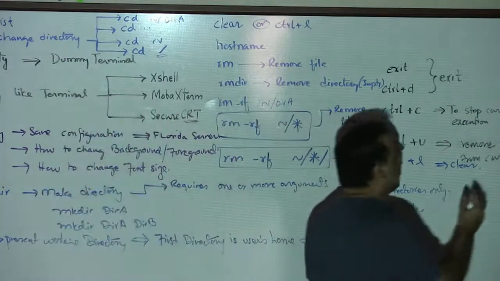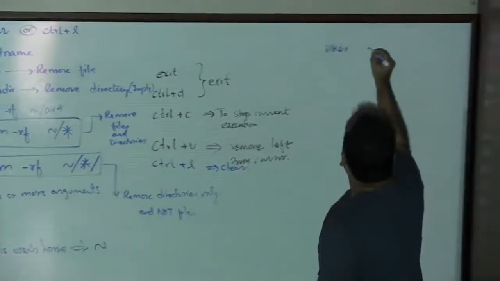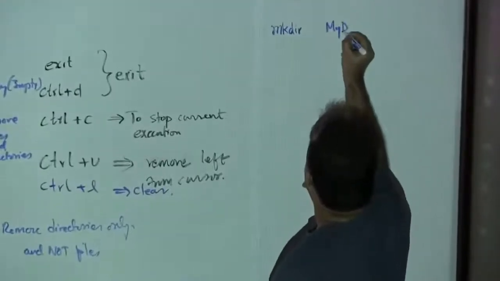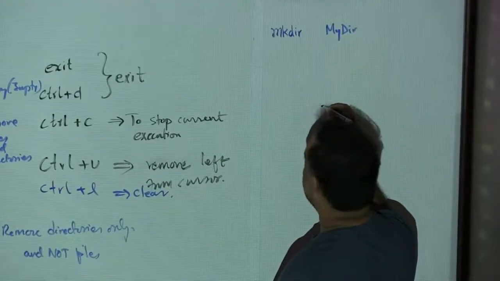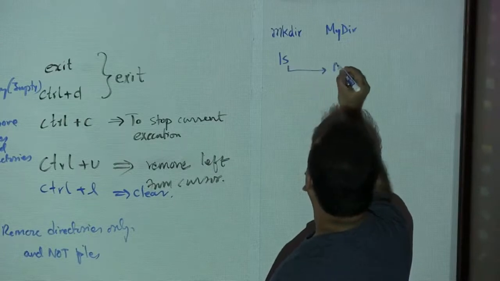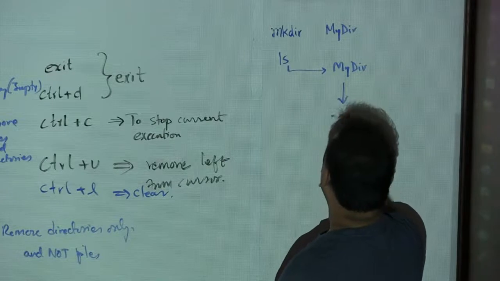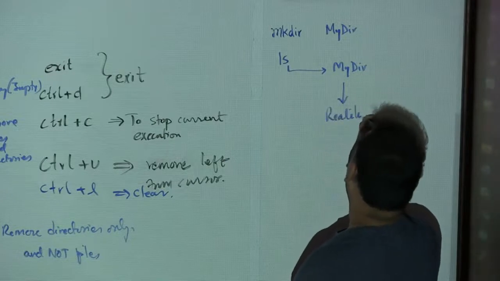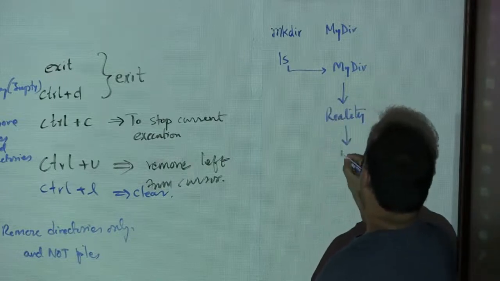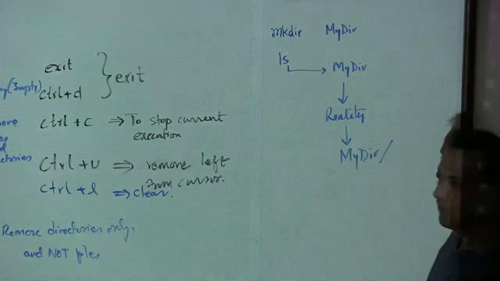Because remember, every time you create a directory, so if you say mkdir mydirectory, for example, you created this directory. If you say ls, it is showing you mydirectory is created. But in reality, a directory is created with mydir/.